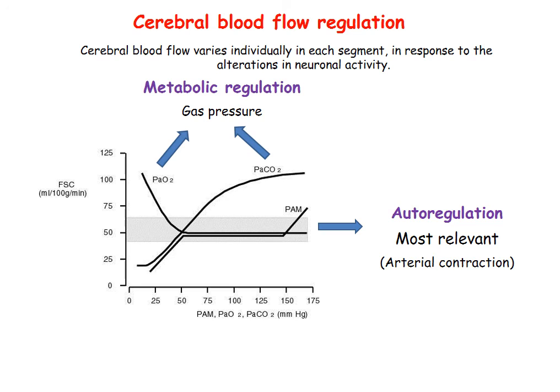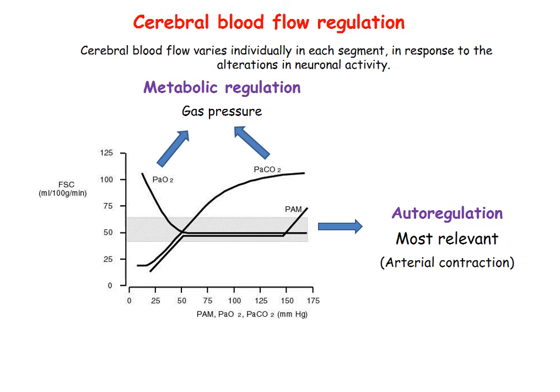This increase in protons, this diminished pH, reduces the neural activity. Consequently, the increase in the cerebral blood flow helps to eliminate these protons from the cerebral tissue.